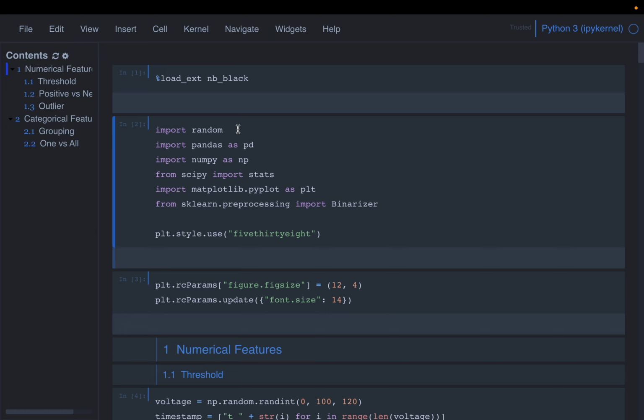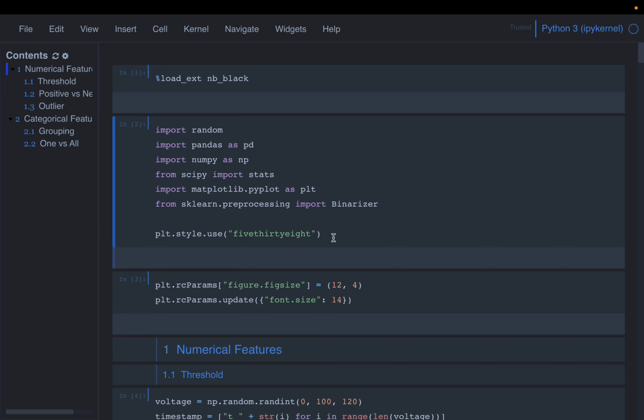The random library for creating some data for processing, pandas for dealing with data frames, numpy for working with arrays, scipy for computing some statistics, matplotlib for doing the plotting, and finally scikit-learn for creating the binary features.